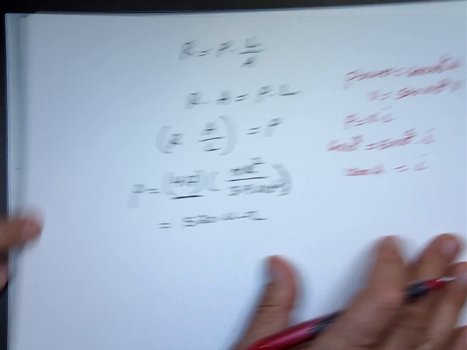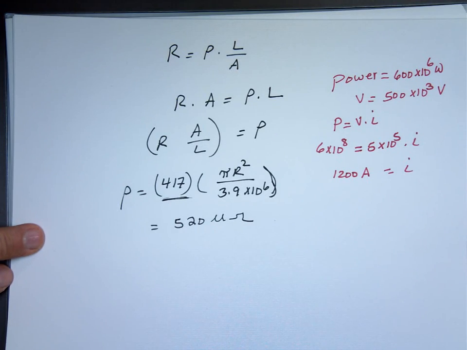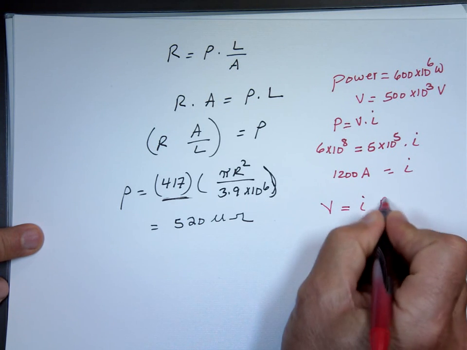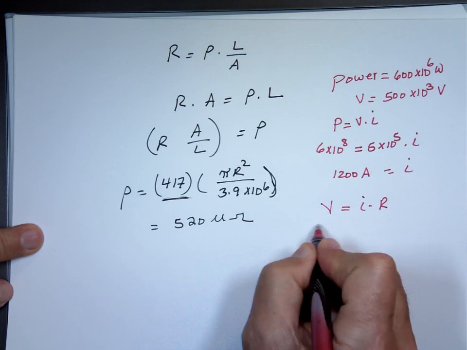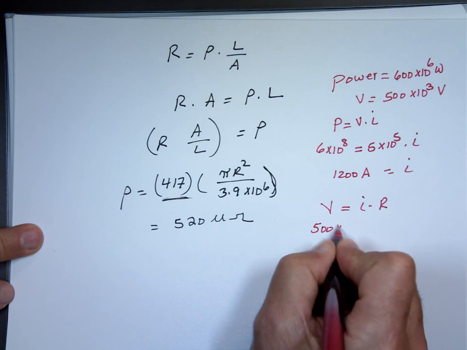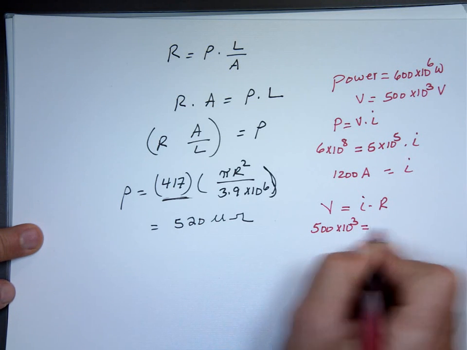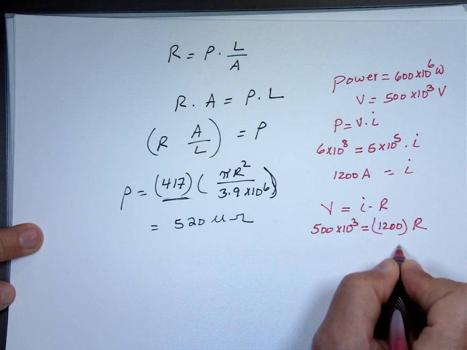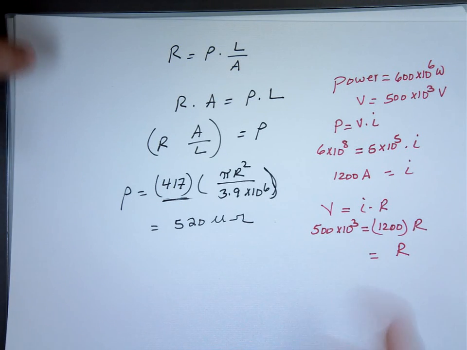Ohm's law says V equals I times R. We know the voltage: 500 times 10 to the 3 equals the current, 1200, times the resistance R. So the maximum resistance you can have for that cable, we can calculate, even if they didn't give it to us. Divided by 1200. They don't have to give us the value of R, we can calculate it. 417 ohms.